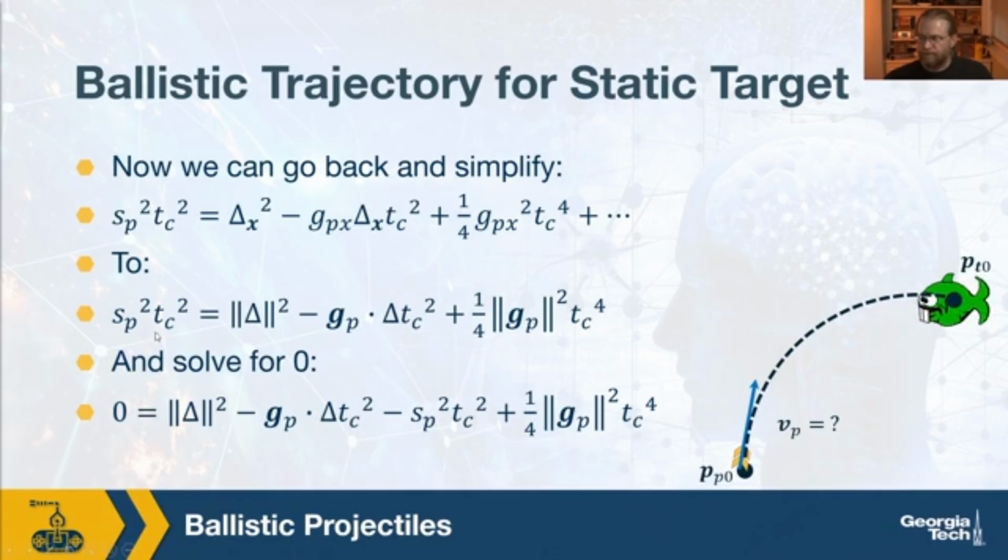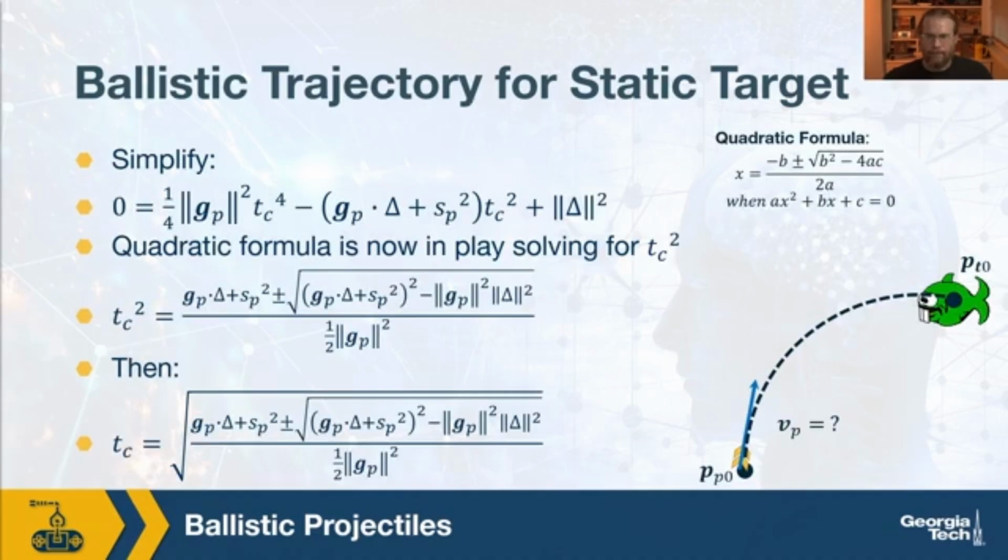But we're going to move the terms on the left side of the equal sign over, so it's all set equal to 0. And this, we're basically setting up for using quadratic formula. And so in fact, that's what we'll do.